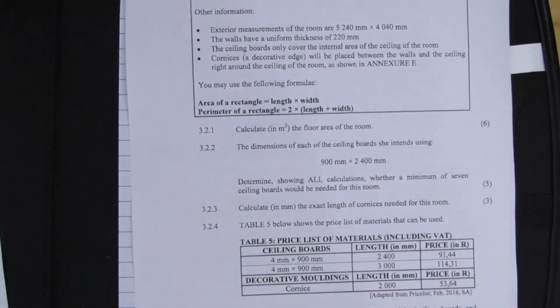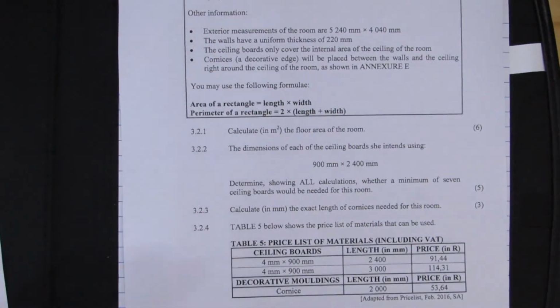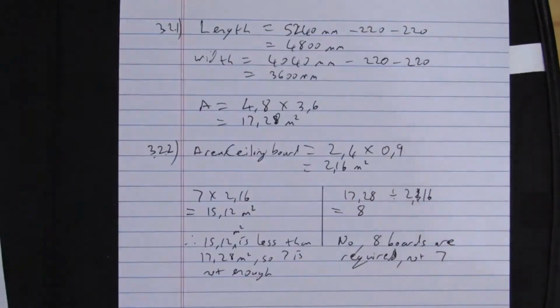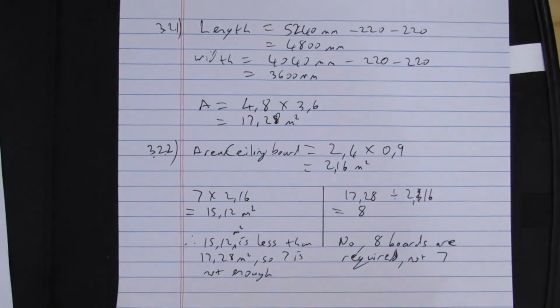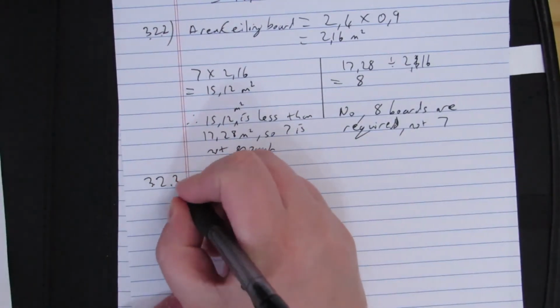The next question asks us, calculate in millimeters the exact length of the cornices needed for this room. Right, so what I now need to look at is the perimeter of my room. 3.2.3.